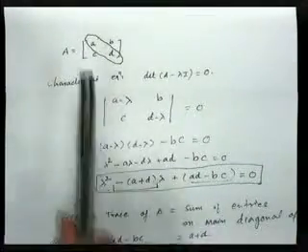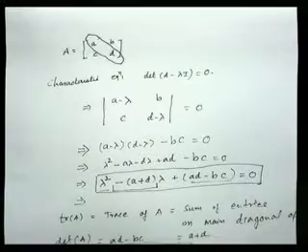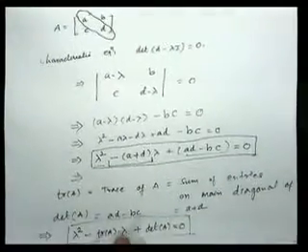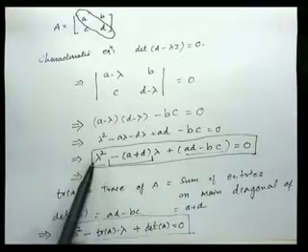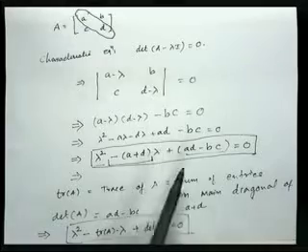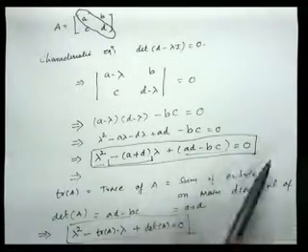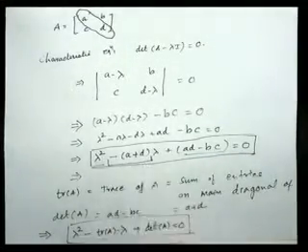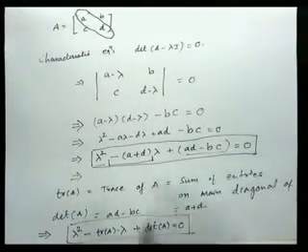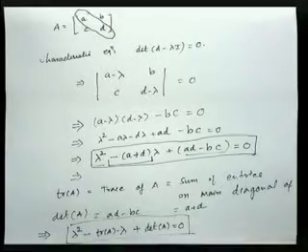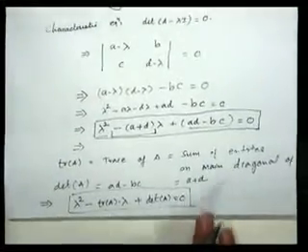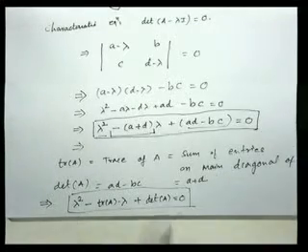Let us see again, this is the matrix a, b, c, d of order 2. When you find the characteristic equation, you will get lambda squared minus (a plus d) lambda plus ad minus bc equal to 0, and this quantity a plus d is nothing but the sum of entries on the main diagonal, and the constant term is nothing but the determinant.